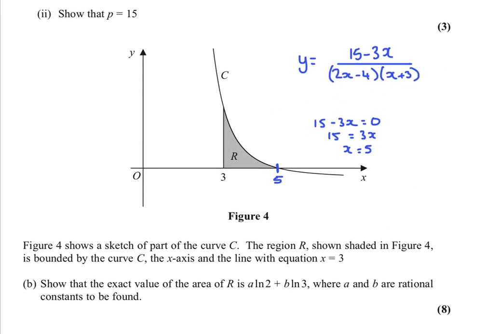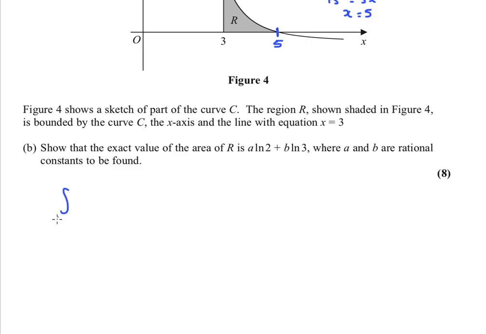So we need to integrate, as I've said, between 3 and 5, the (15 minus 3x) over (2x take 4)(x plus 3). However, we cannot integrate that the way it looks.